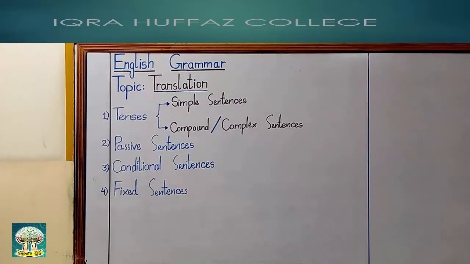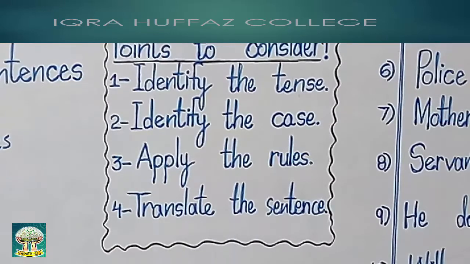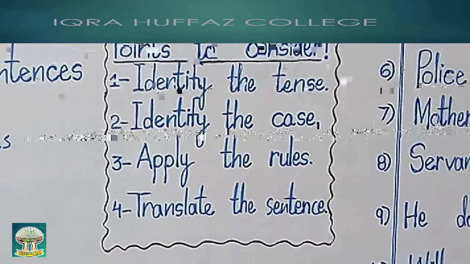In this video lecture today, we will be discussing the first category, tenses, with simple, compound and complex sentences. So let's take a look at simple, compound and complex sentences, what they are and how to translate them. Before we translate simple sentences from Urdu to English, you need to consider these 4 points.